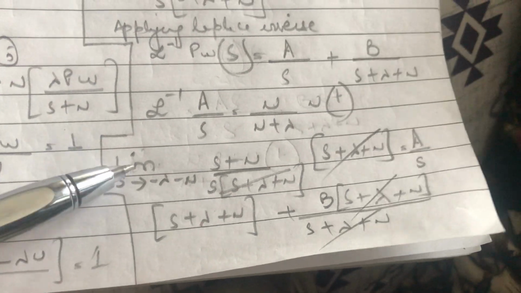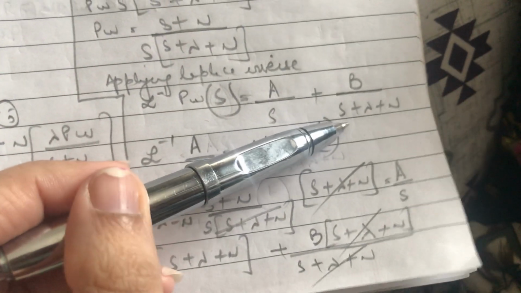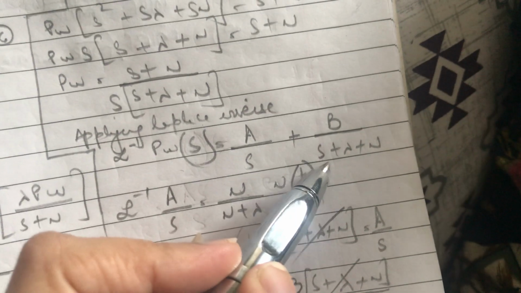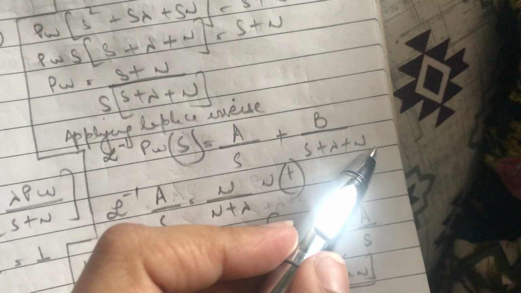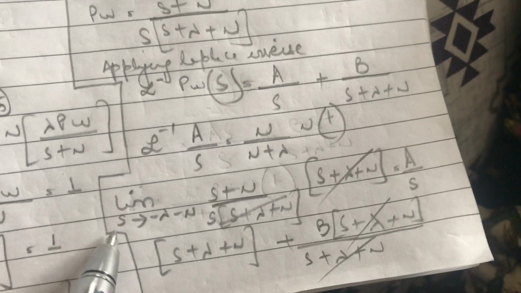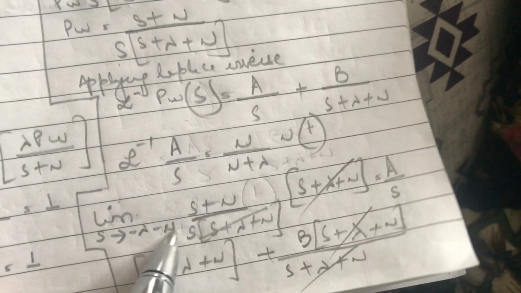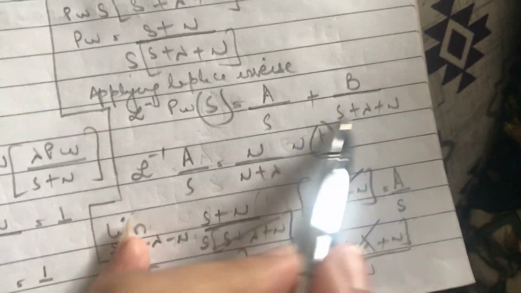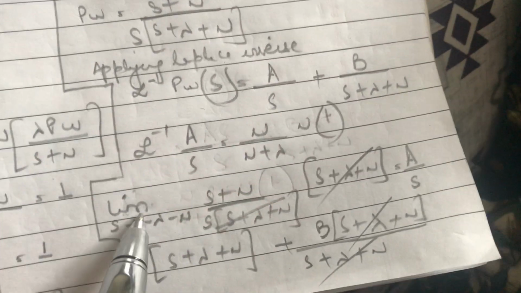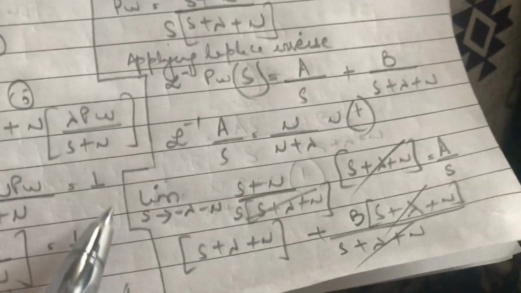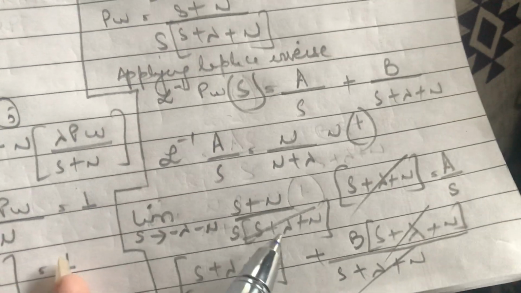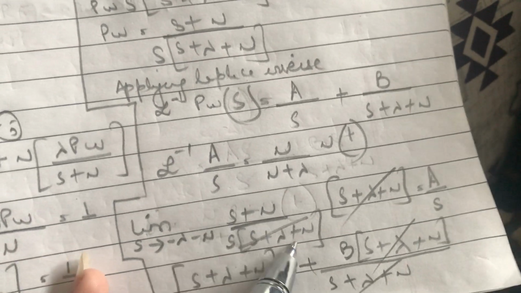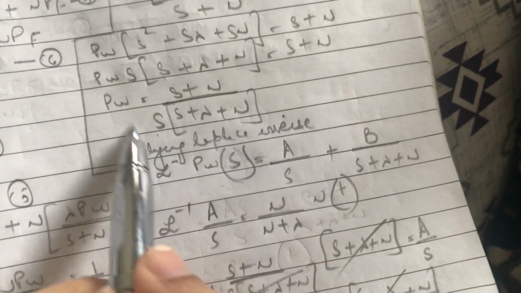How it would be solved: from here we can take the value for s, that would be s equals minus lambda minus mu. So we are going to create a limit, s going to minus lambda minus mu, bringing the formula from here, and we are applying our Laplace inverse on this thing.